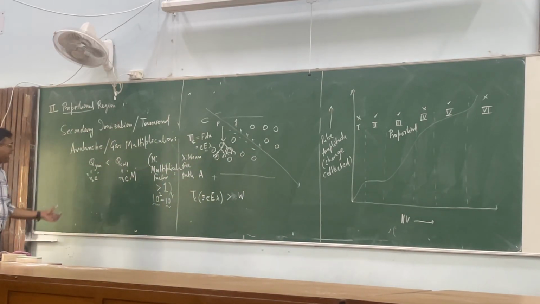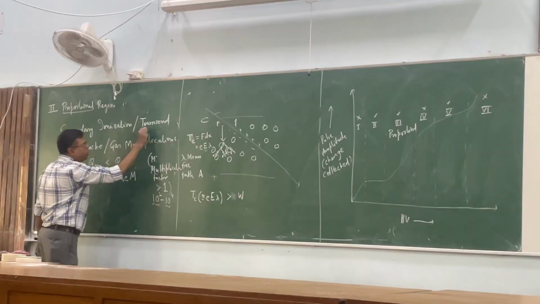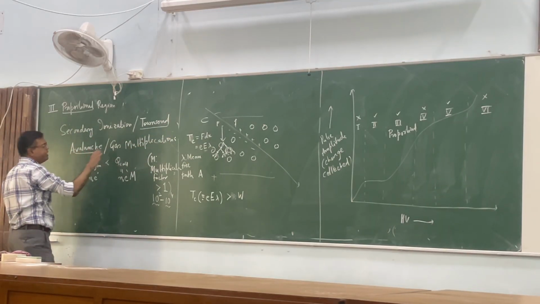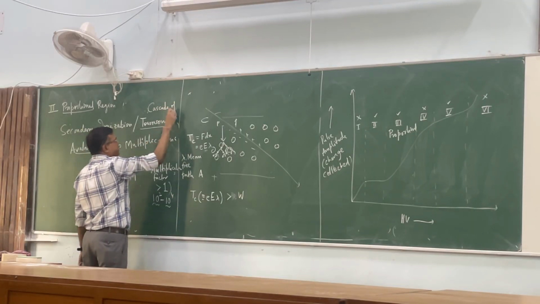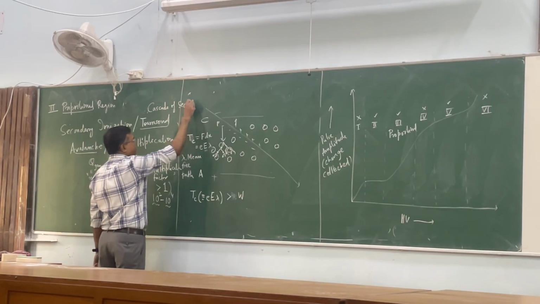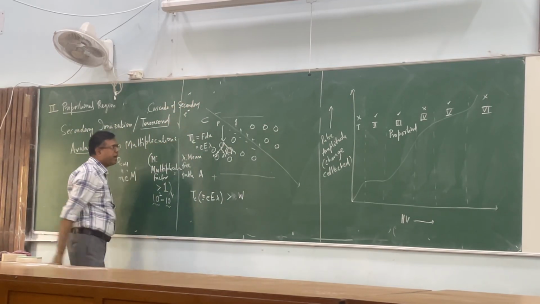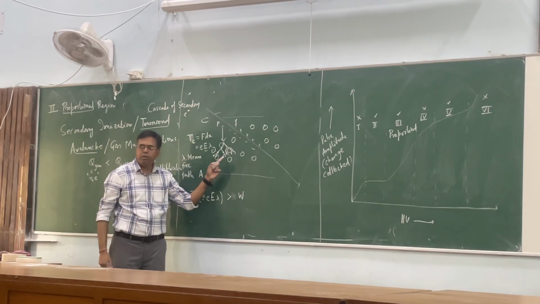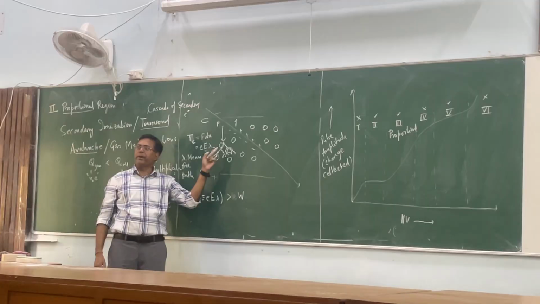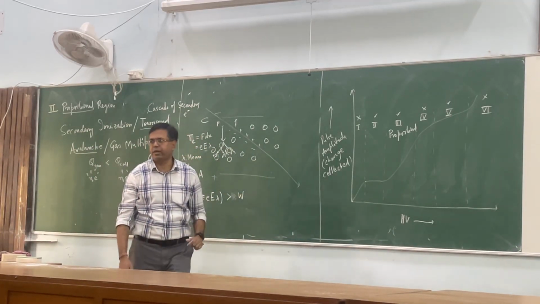The whole idea depends upon what we call the Townsend avalanche, that we have a cascade of secondary electrons. What are we calling a secondary electron? Each electron which is coming out, other than the original primary electron, I am calling a secondary electron.